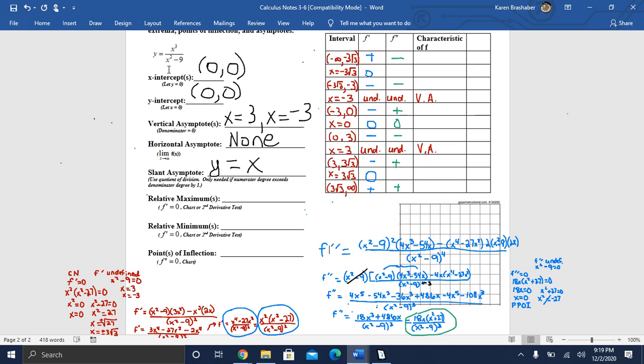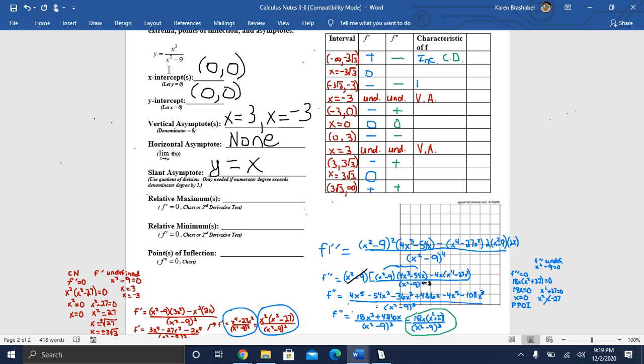So since f prime is positive, we know that f is increasing. Since f double prime is negative, we know that the graph is concave down. So increasing and concave down. And then we'll take a look at the next interval.